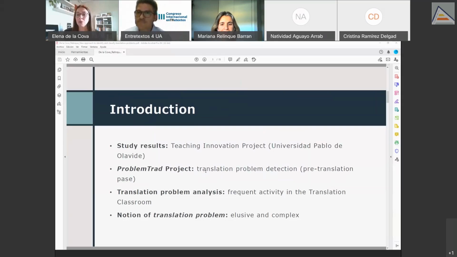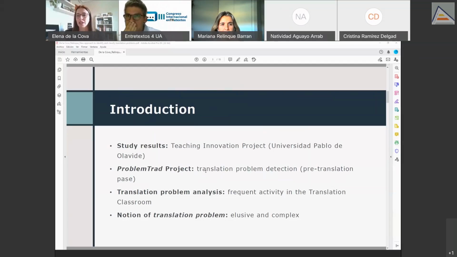So basically, we're going to show the results of a study we have carried out with students of the translation and interpreting degree at the University Pablo de la Vida, as part of a teaching innovation project. This project is called ProblemTrad, and it focuses on identifying or detecting translation problems during the pre-translation phase of the translation process.